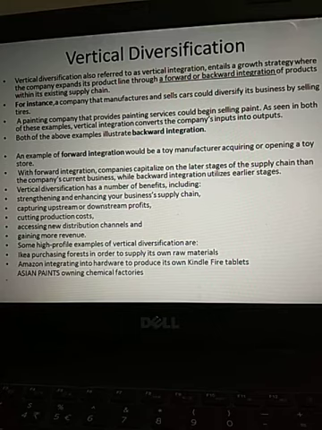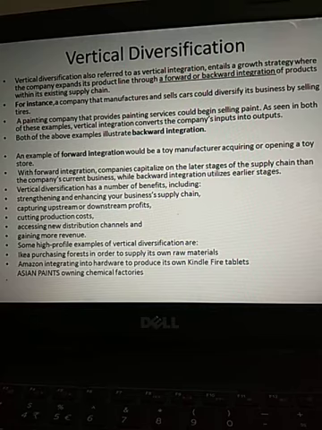and gaining more revenues. Some high profile examples of vertical diversification are IKEA purchasing forests in order to supply its own raw materials. You know, IKEA is a furniture manufacturing company. It owns its own forests to procure wood. Amazon integrating into hardware to produce its own Kindle Fire tablets.